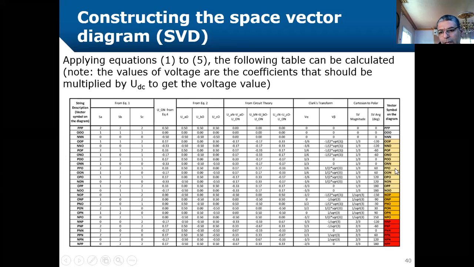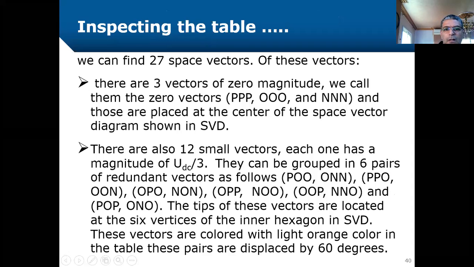Then we will have other 12 vectors, as we see. These 12 vectors are small vectors. Each one has a magnitude of UDC by 3. They can be grouped in 6 pairs of redundant vectors as follows: POO, ONN, PPO, OON, OPO, NON, OPP, NOO, OOP, NNO, and POP, ONO.